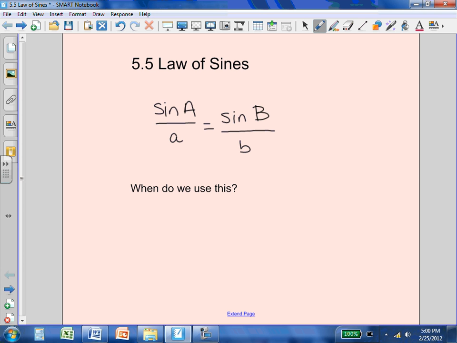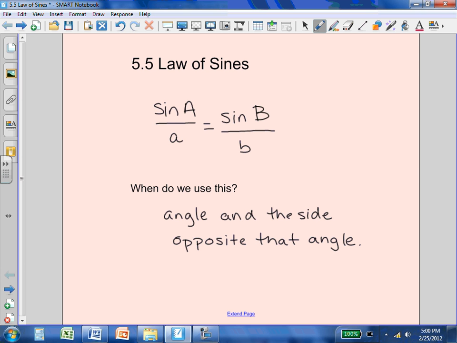Well, we usually use it generally when we know an angle and the side opposite that angle. If you're looking for something else in particular, law of sines can handle it.